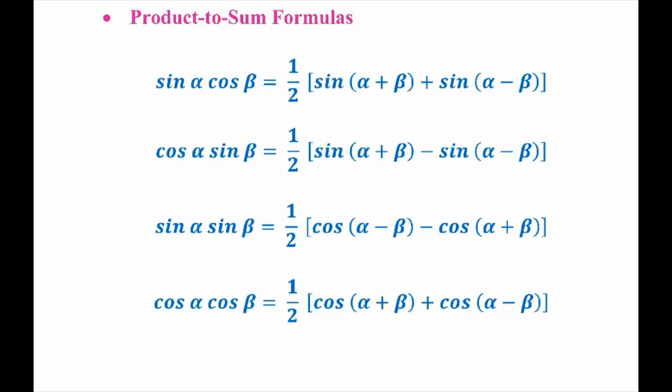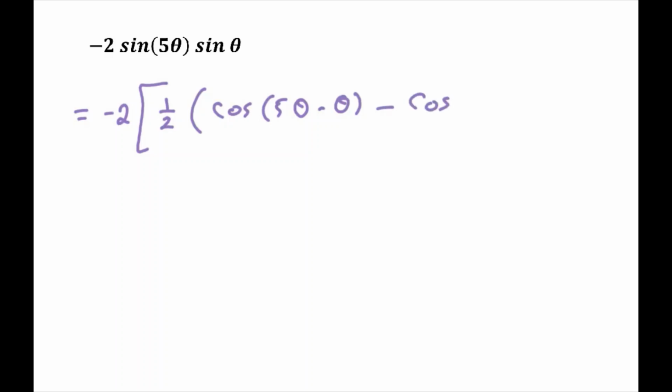Next, -2 sine multiplied by sine. Sine multiplied by sine, we are going to use this formula. So it equals -2 times 1/2 cosine the difference minus cosine the sum.